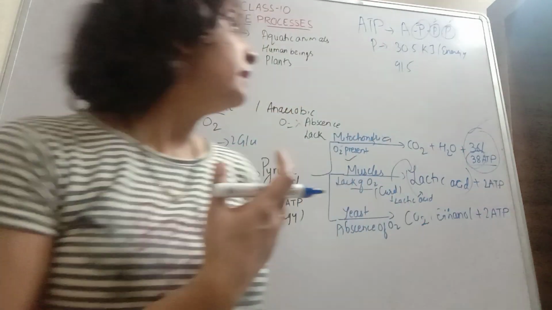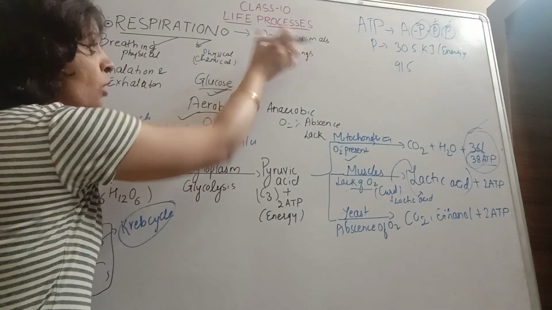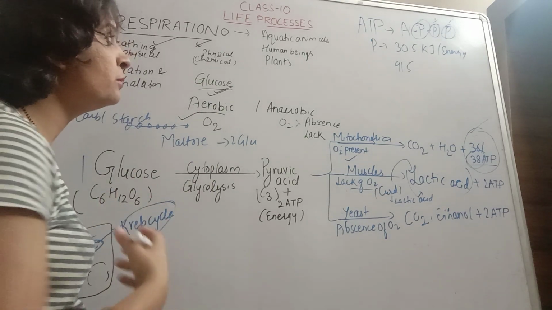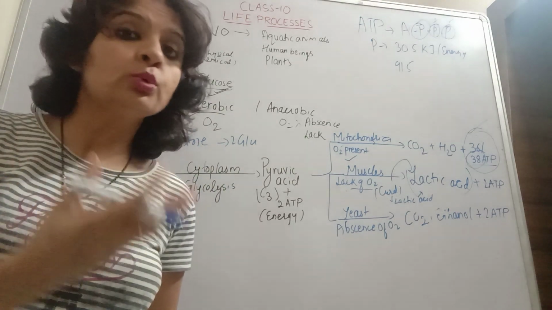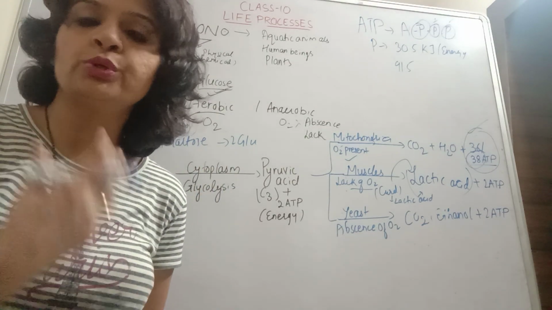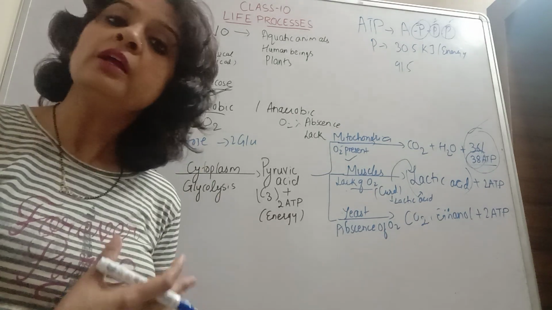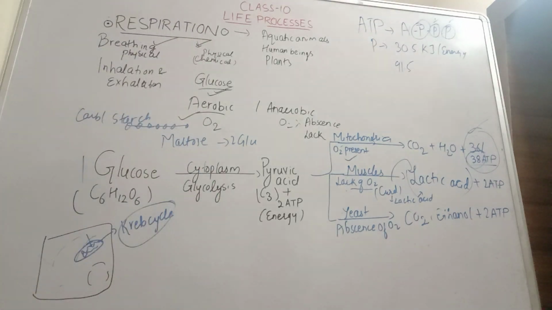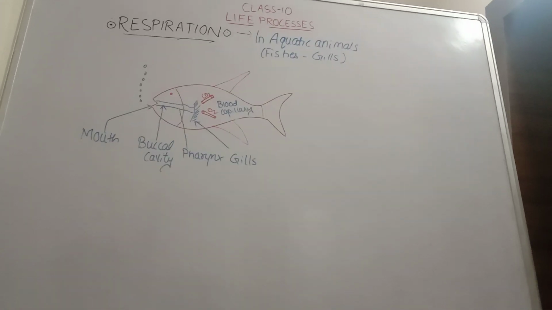Now let's see how the other organisms like the aquatic animals and human beings do this respiration process. What system do they have for respiration? As you can see, I have drawn a fish. A fish, which is an aquatic animal, respires with the help of gills.